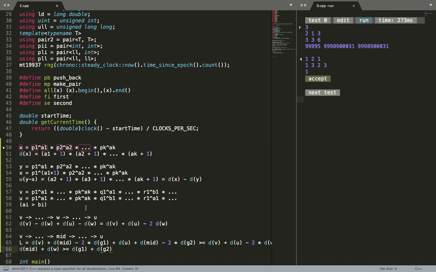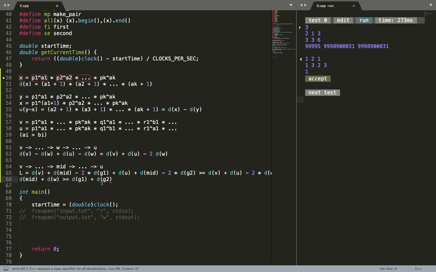Okay, I can prove this. Let's look at some number x. What I want to prove is that the number of times x is a divisor of mid or w is at least as big as the number of times x is a divisor of g1 or g2.